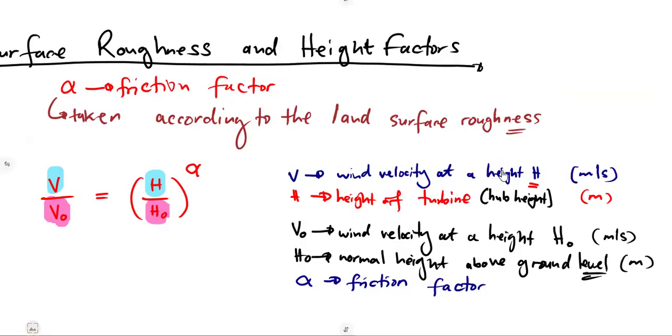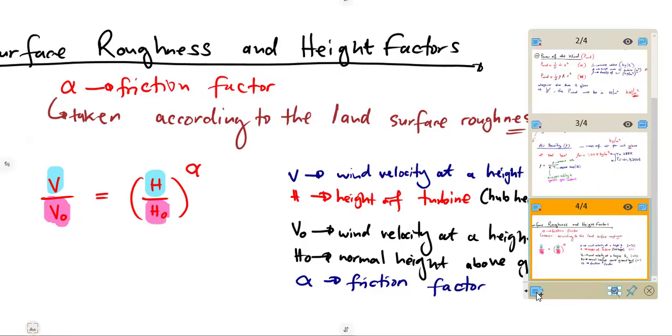The land friction factors due to the land surface roughness can be given. You are supposed to be given those values, unless maybe they want you to play around with everything there, then you can have that one as the change of subject. But in most cases, you are given that and you just have to substitute.